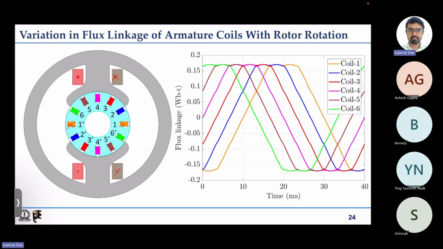You can verify from here also that at this rotor position, at time t equal to 0, the pink one, that is coil 4, is having zero flux linkage, and the orange one, that is coil 1, is having maximum flux linkage, actually at maximum, a negative value.